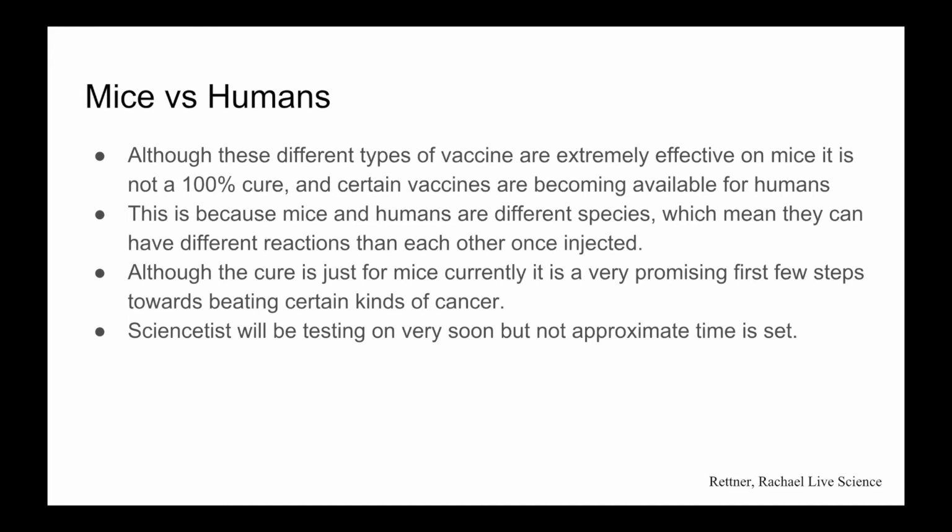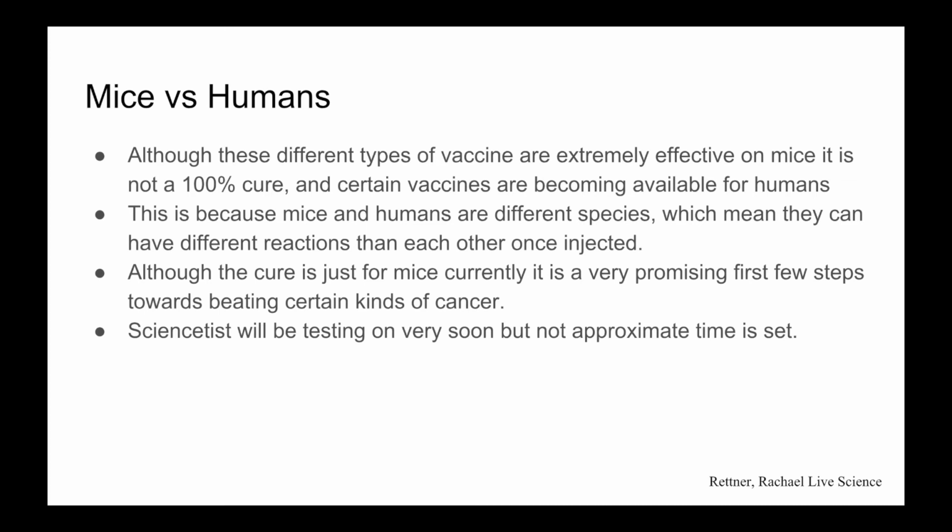Although this cure works for mice and is extremely effective on mice, it's not a 100% cure for humans, and certain vaccines are being created and made available for humans. This is because mice and humans are different species, which means they can have different reactions to different chemicals, plus different body parts too, once injected.